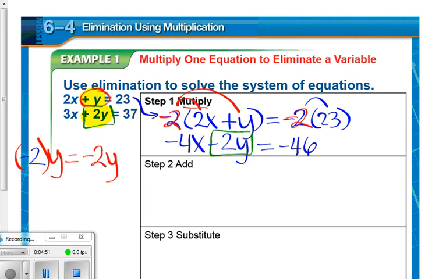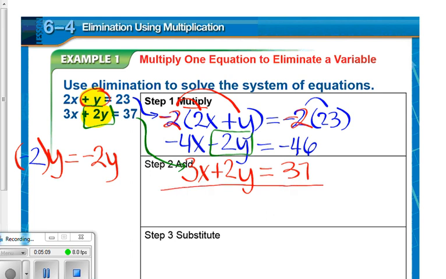So I'm going to drag this equation right underneath. And we're going to do this. We have 3x plus 2y equals 37. And we're going to add this. Negative 4x plus 3x, negative 1x.